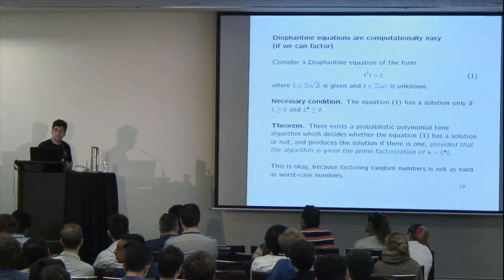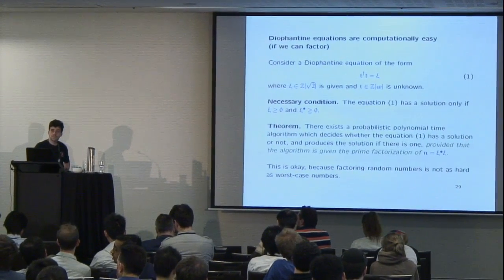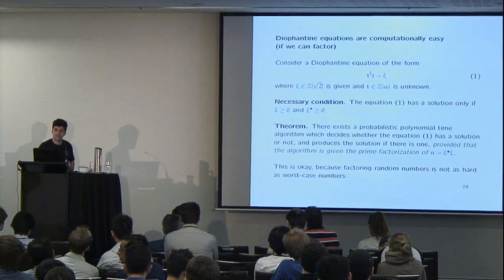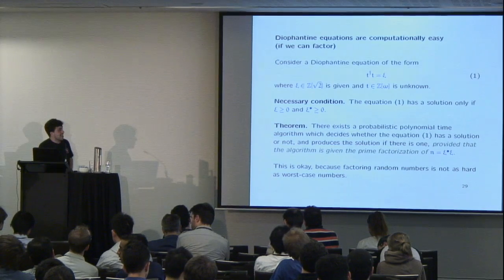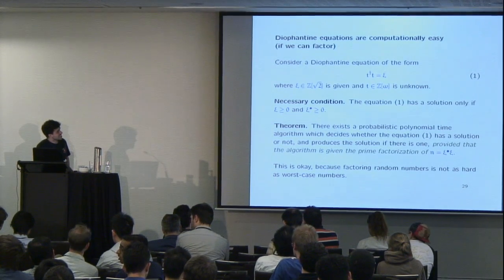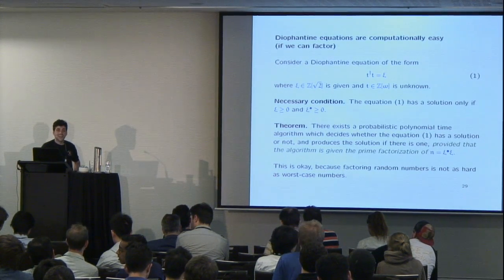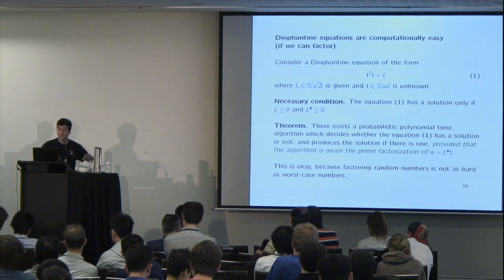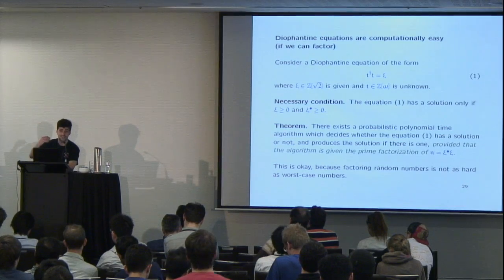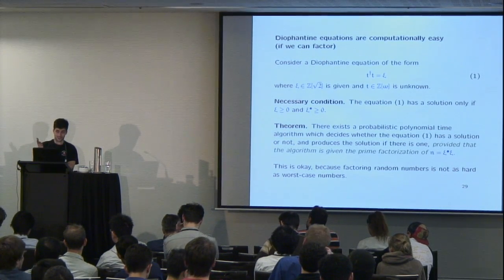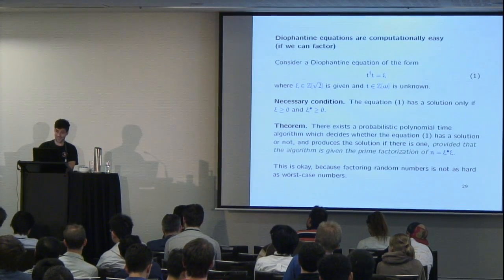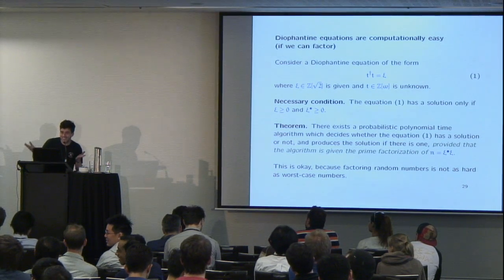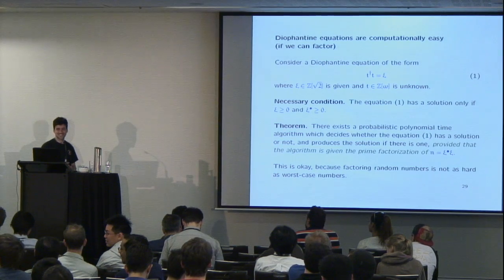The way the theorem is stated, it says provided that the algorithm is given the prime factorization, right? But it seems to me that this is sort of like finding a fundamental unit in a Pell equation, which you can't do in general because even the number of bits is very large. I see. But I don't know. No. So instead of showing your ignorance of number theory, it'll show my ignorance of Pell equations. I really don't know. Sorry, but good question. I'll look into it.